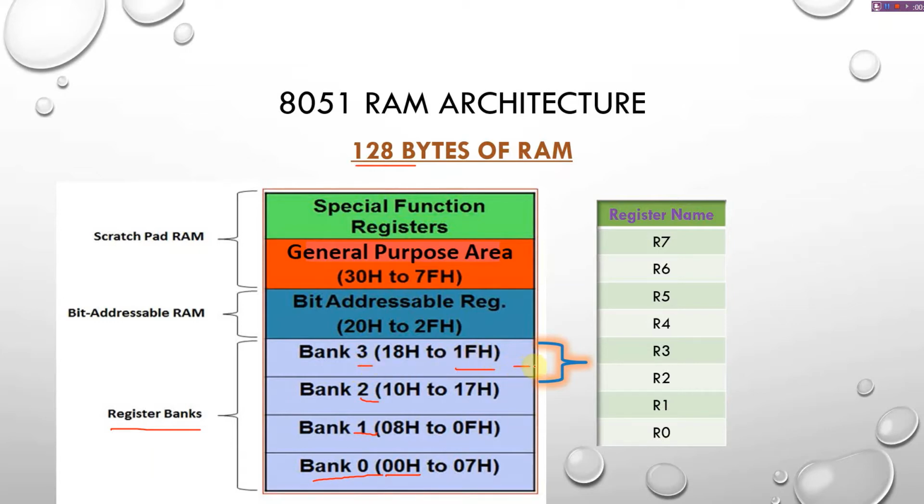Each register bank is having 8 individual registers named as R0, R1, R2, R3, R4, R5, R6 and R7. So there are 8 registers in each register bank and there are 4 register banks. So if we calculate, there are total 8 cross 4 registers, which comes out as 32. So there are 32 registers in 8051.